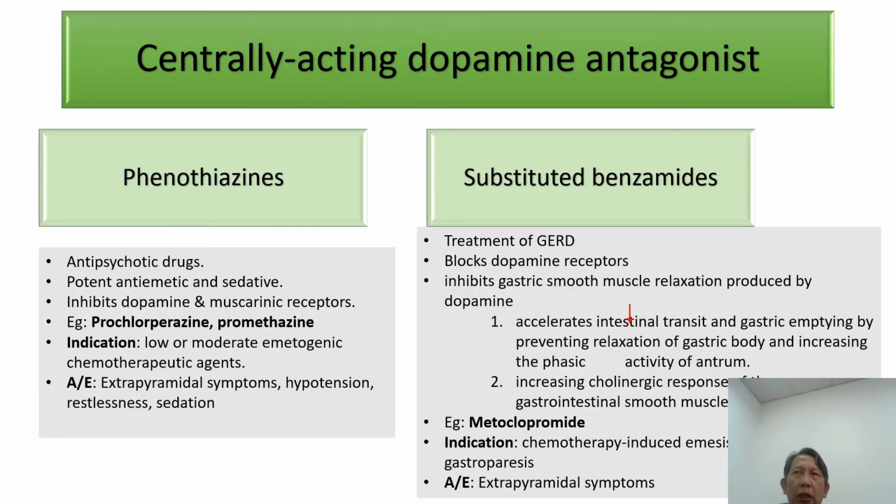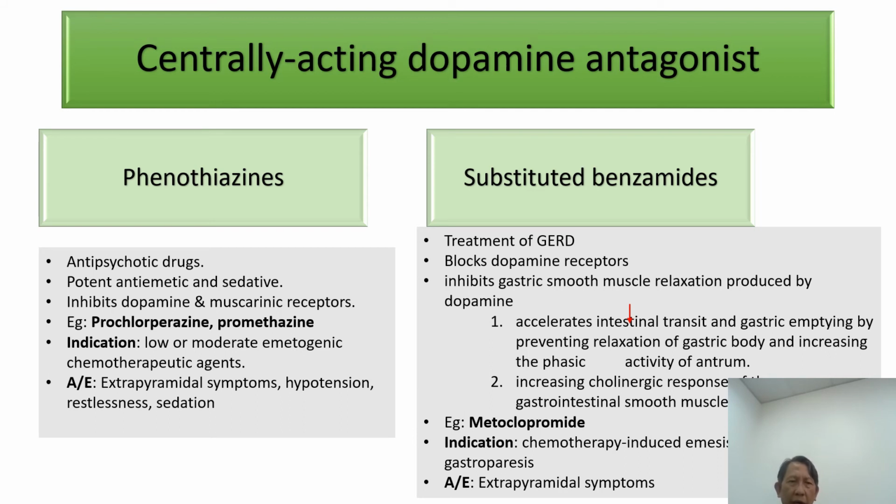Now we look into the centrally acting dopamine antagonists. Phenothiazines such as prochlorperazine is a drug generally prescribed for antipsychotic patients, but this drug has potent antiemetic and sedative effects.